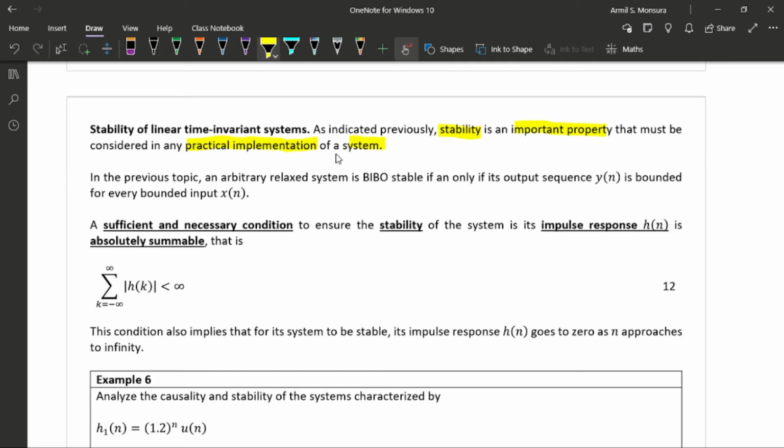And if this is purely algorithm, or if you're talking about systems that are purely algorithm, and your output sequence is only in your computer, and there are really no voltages or currents involved, it's okay, because that would just cram up your memory.